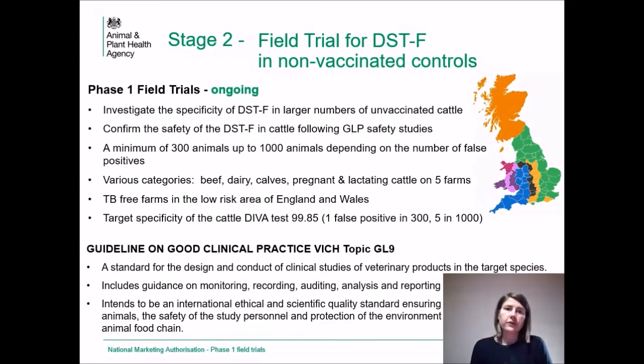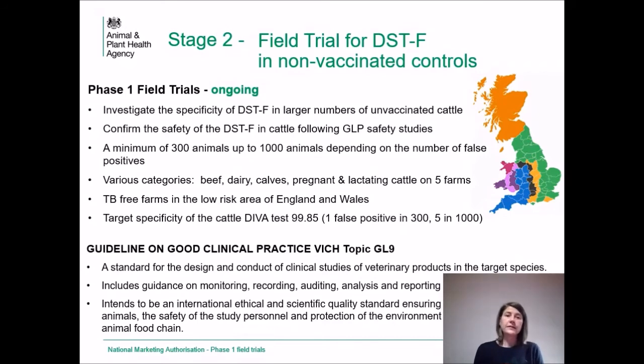A minimum of 300 animals and up to 1,000 animals, depending on the number of false positives, will be administered DSTF. We look at various categories to assess safety of the product: beef, dairy, calves, pregnant and lactating cattle, on a minimum of 5 farms. The farms are all in low risk areas of England and Wales, the green parts on the map here, or this dark purple in Wales.